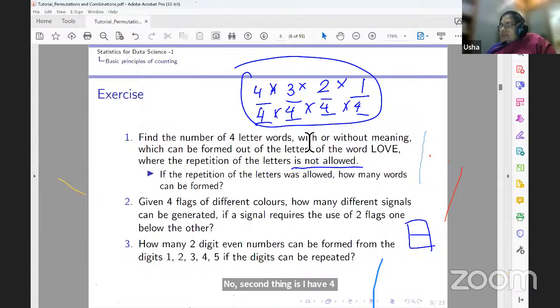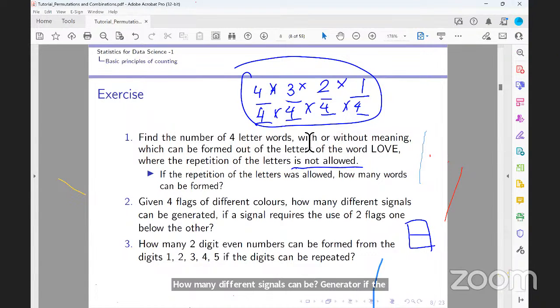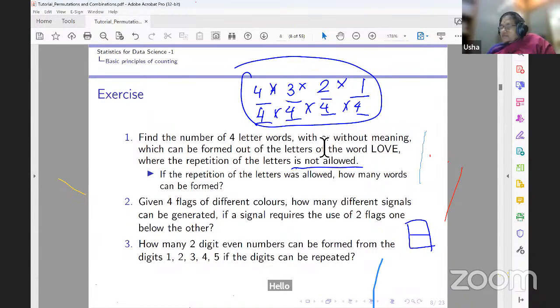Again, am I using multiplication or what is the rule I'm using here? Multiplication. It is 12 ways. Okay.